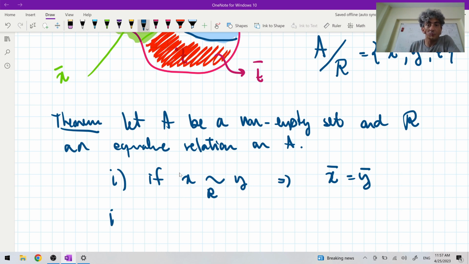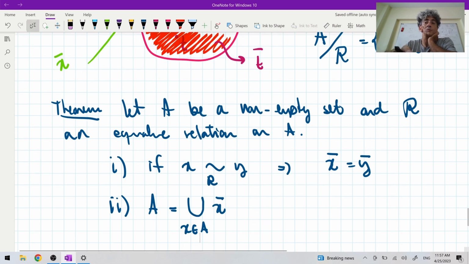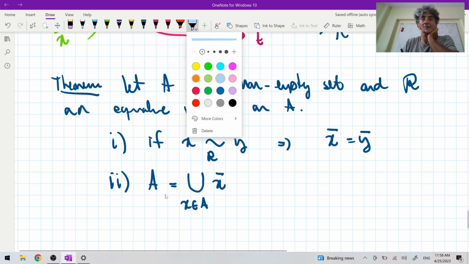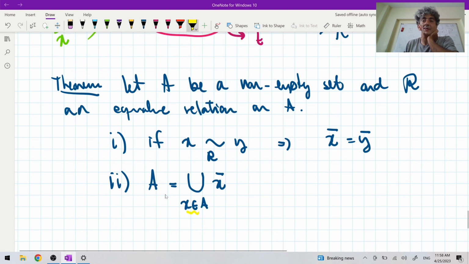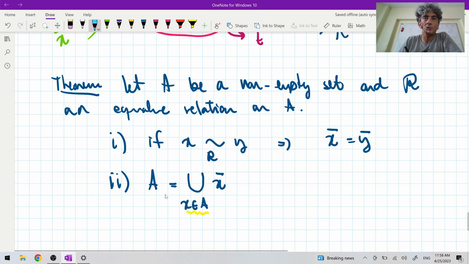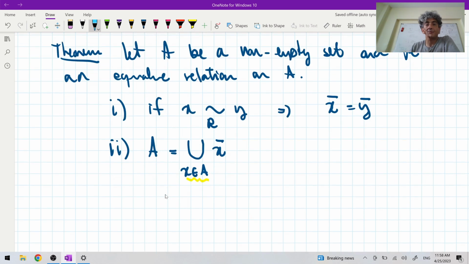And then we're going to prove that A can be written as a union of equivalence classes. Okay, so these sets indexed by A form a disjoint union. So let's prove the first statement.